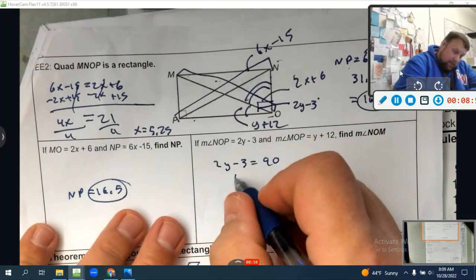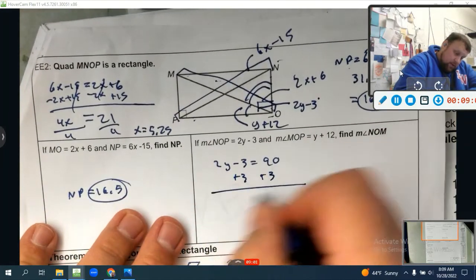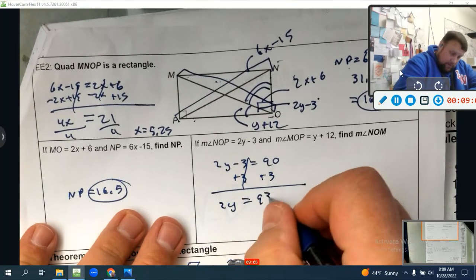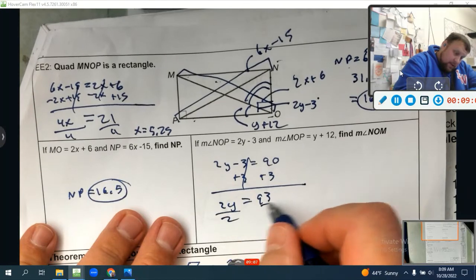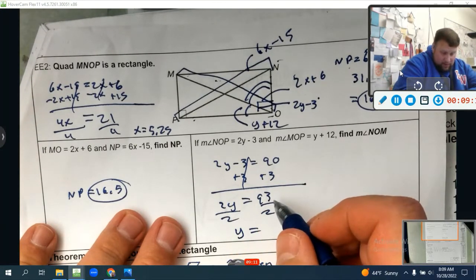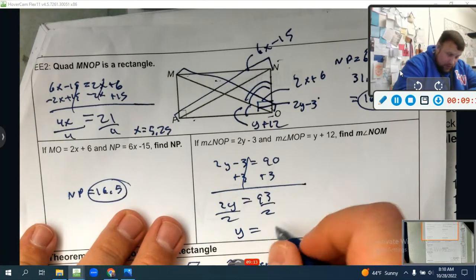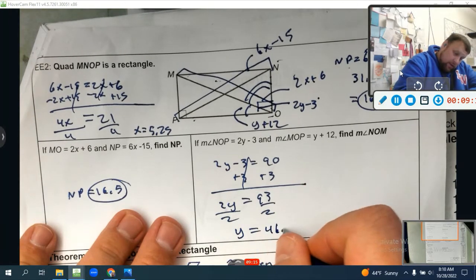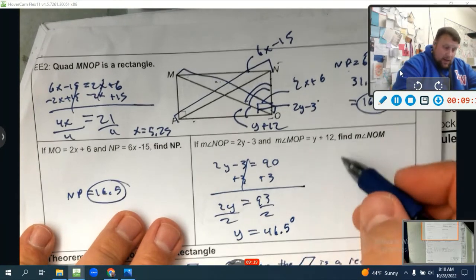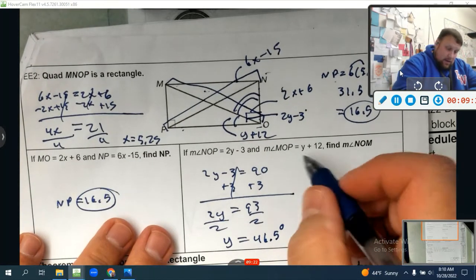Let's solve for y. Plus 3, boom, I get 2y equals 93. Divide both sides by 2, and I get that y equals 46.5 degrees. Okay, so now let's plug that in to MOP.